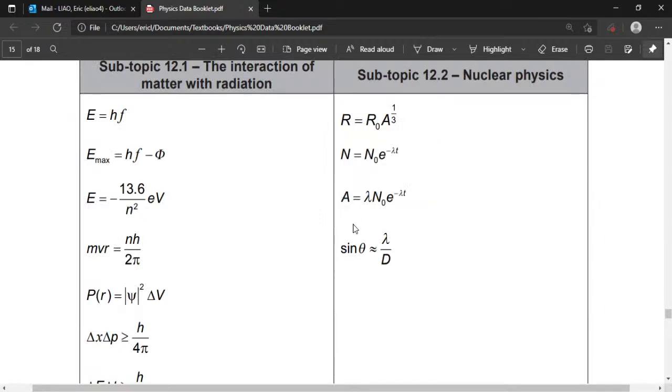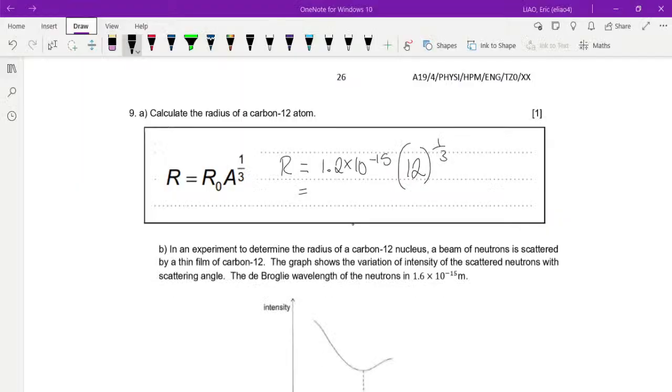I feel like Z is the number of protons and A is just a number. So 12 does seem okay in this particular situation.